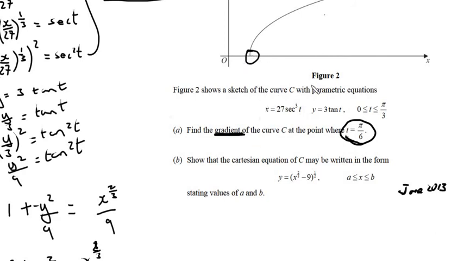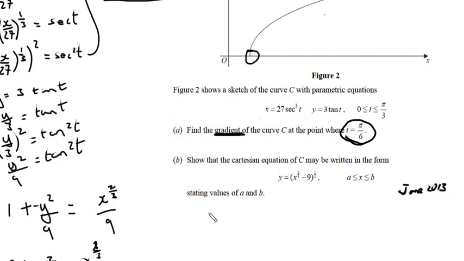That's the lowest value of x. All other values of x are higher. So y is going to equal 0 when tan t equals 0. Tan of 0 equals 0, and t is ranging between 0 and pi over 3.